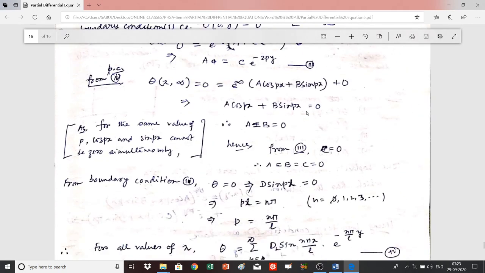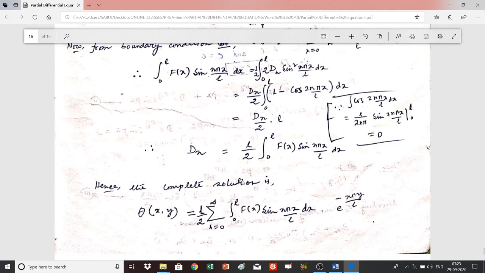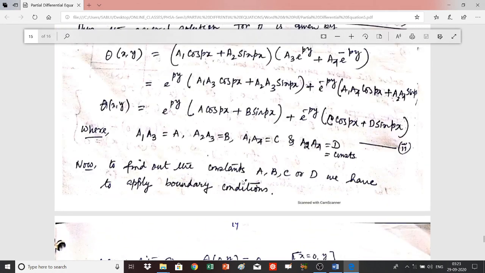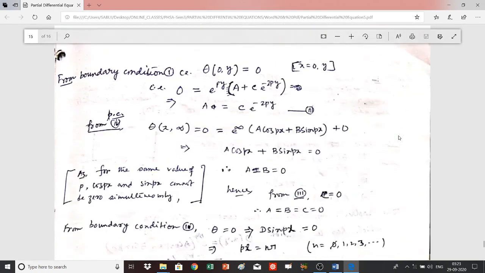Now if we use boundary condition number 2, that is theta is equal to 0 when y is equal to 0, in this expression where only d sin px e to the minus py is there, then d sin px will give you a 0 result.